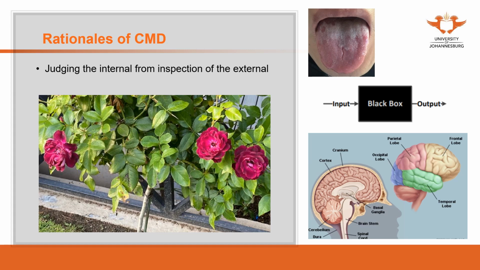There are two ways to understand the black box. One is to open the black box so you can see how the connection works inside. But sometimes we cannot open everything.